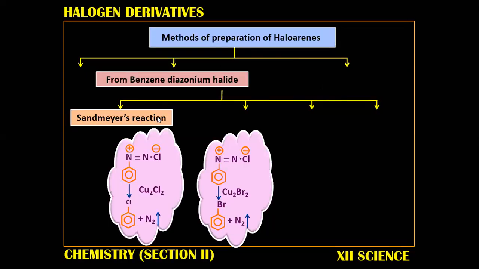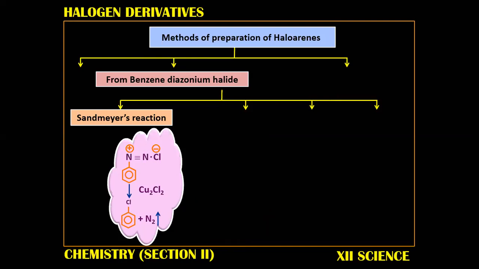In Sandmeyer's reaction, benzene diazonium chloride reacts with cuprous chloride, we get chlorobenzene, and with cuprous bromide gives you bromobenzene. This is called Sandmeyer's reaction. It is used for preparing chlorobenzene and bromobenzene.